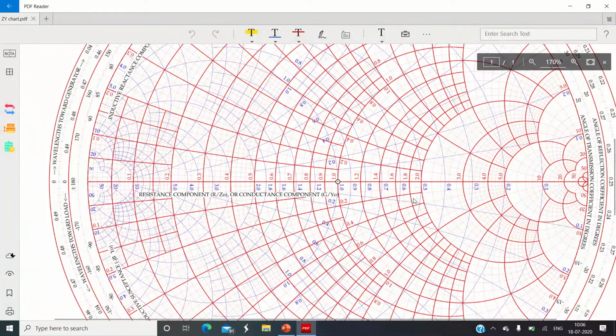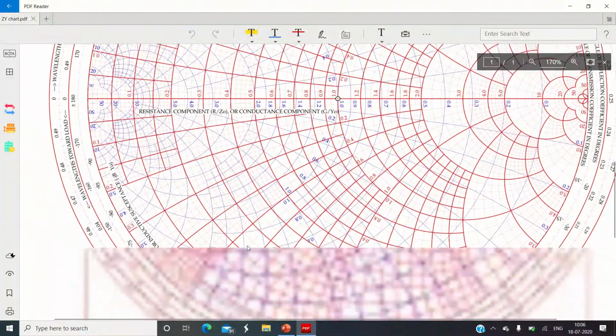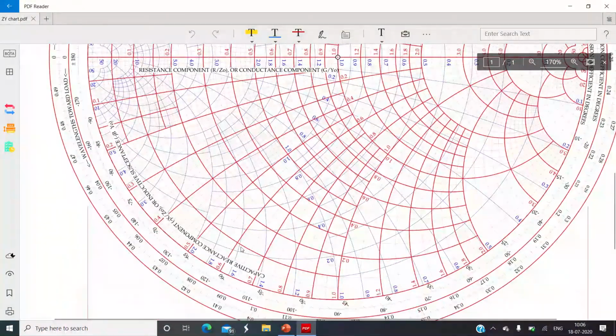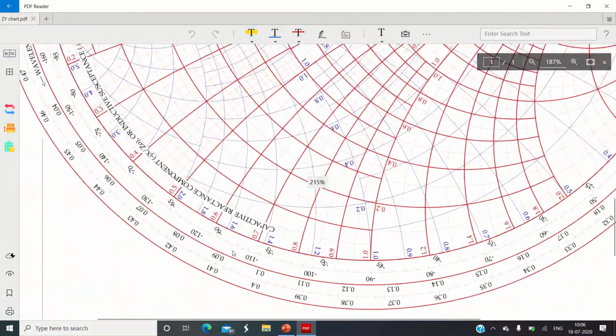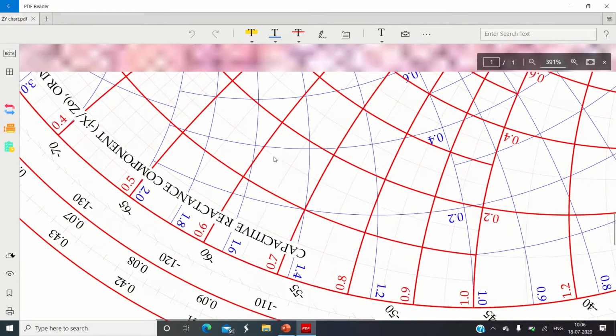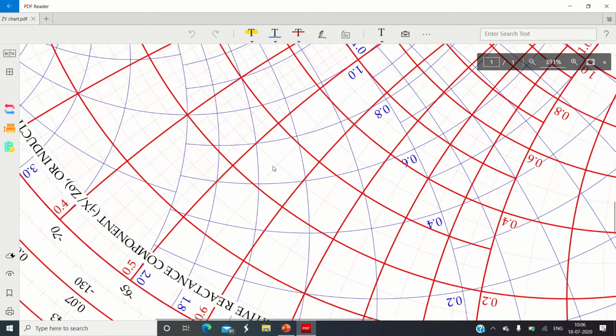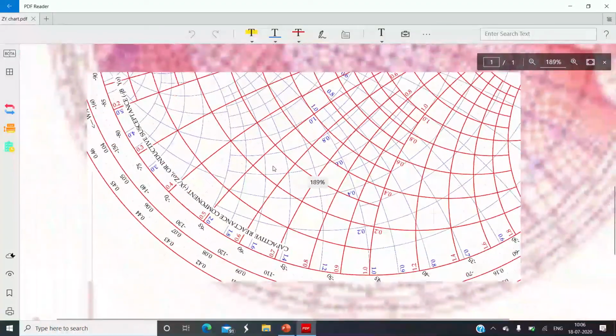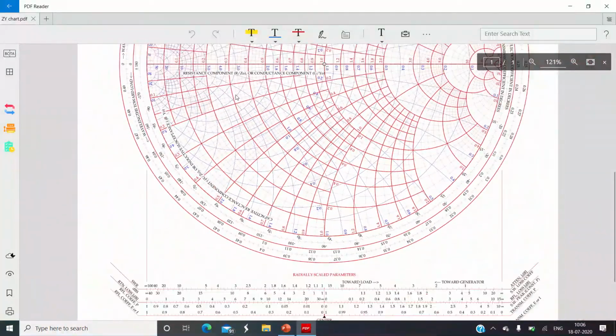The reactance lines are these lines, please remember. We need to find where 0.6 is. I zoomed in on the area, and here you observe 0.6. So this is that particular arc, and wherever it intersects the 0.4 circle is our point.